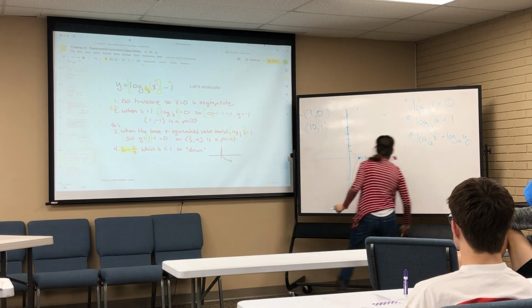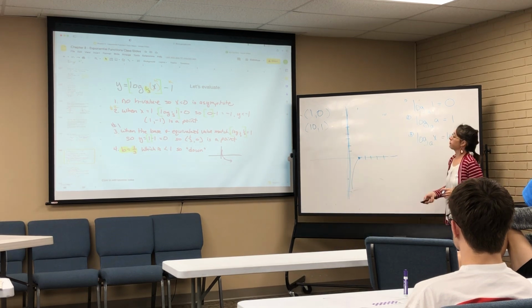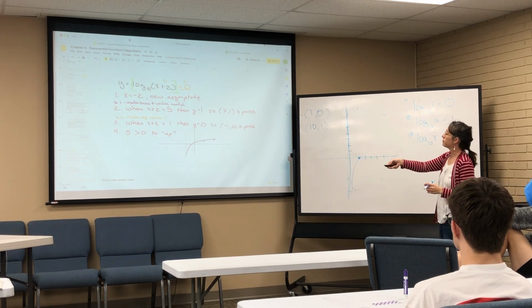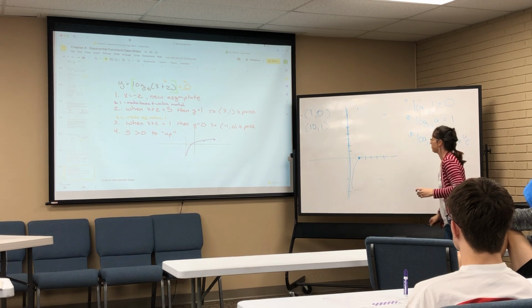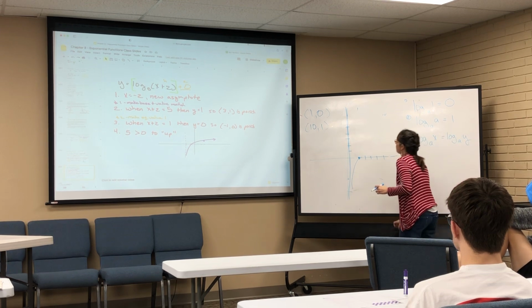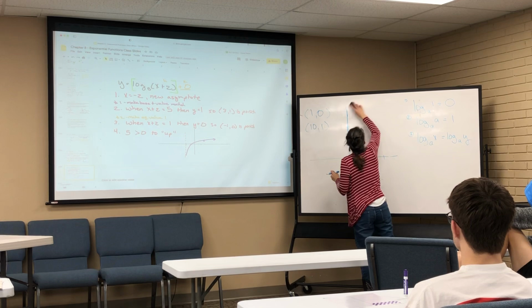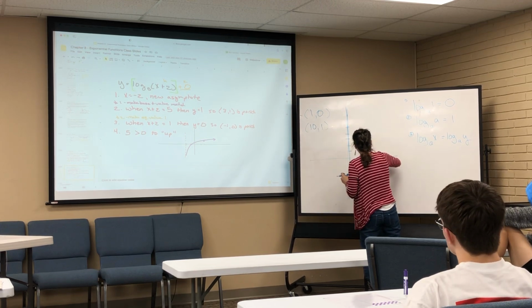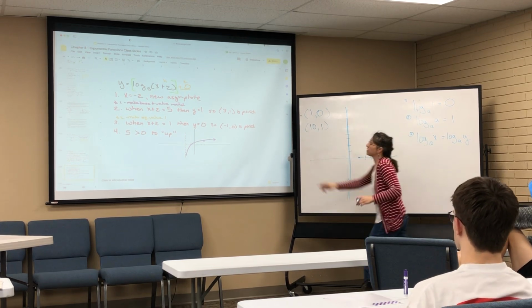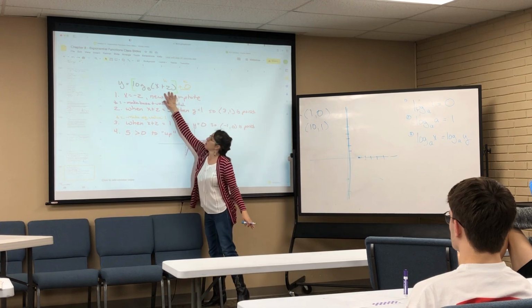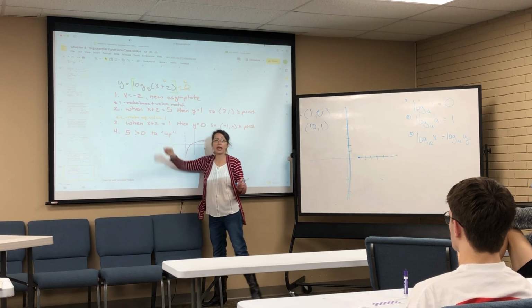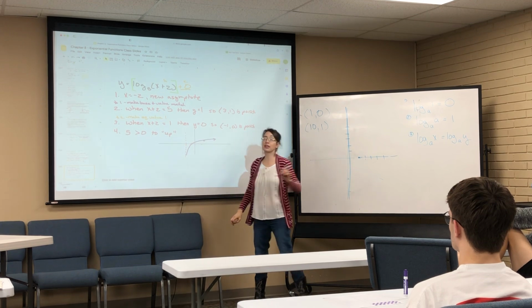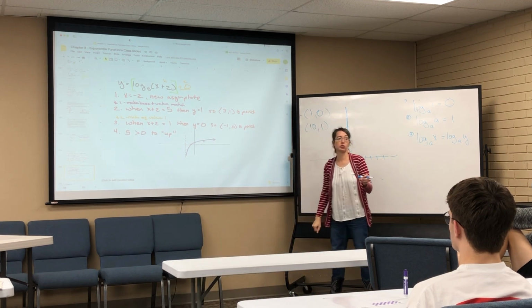Let's see what we have next. If we have something added to our x value, where now it is inside of parentheses. If you do not see a parentheses, do not consider it added to the x value.